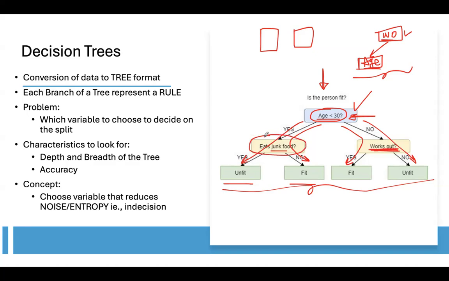Why not the other question? Now that's an important observation, and there is a theory behind this. There is a way of developing a decision tree that will answer this question. Why is this the sequence of questions? Why can't I ask a different sequence? Who determines this sequence? Okay.